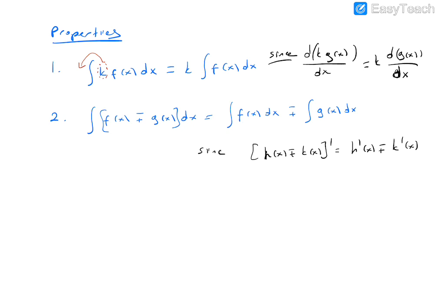Because of this reason, we obtained those properties. You can find the proof or explanation of these properties in your textbook easily. Also, you can find some applications in your textbook. I will solve these questions in the lecture.